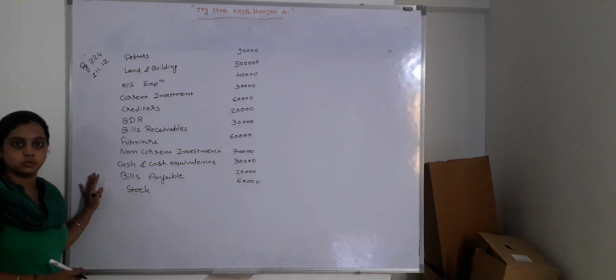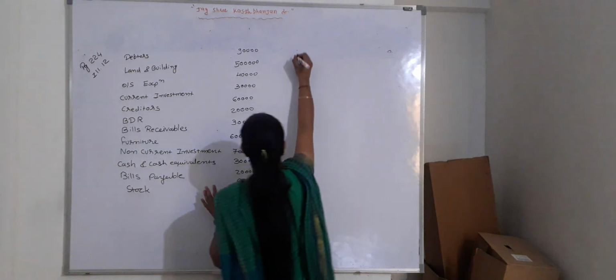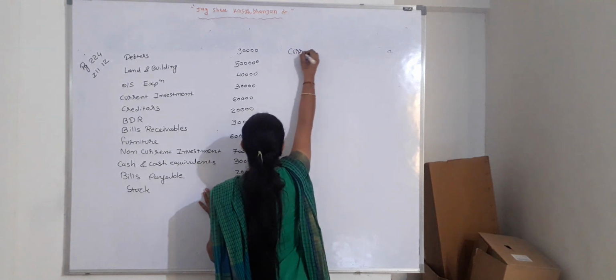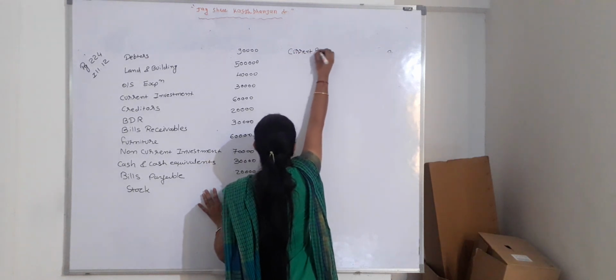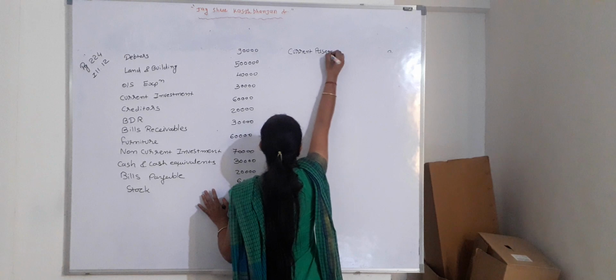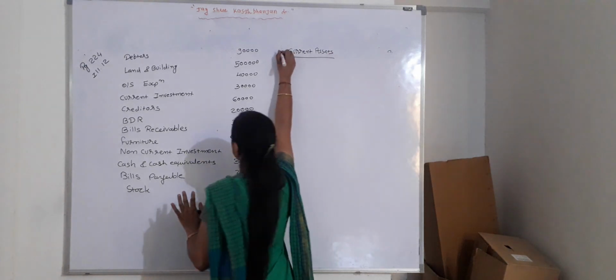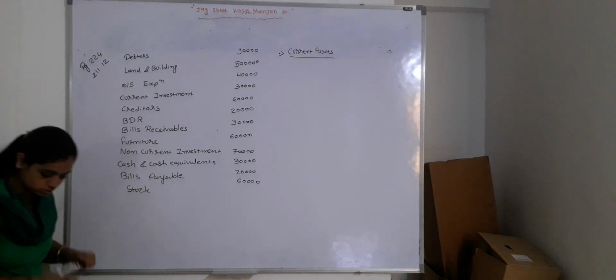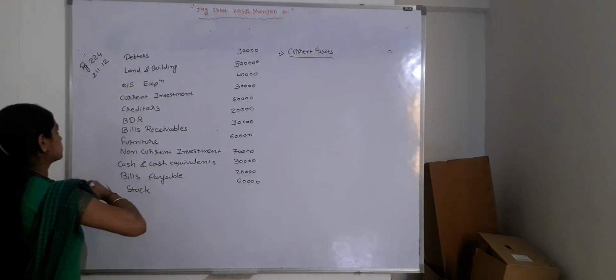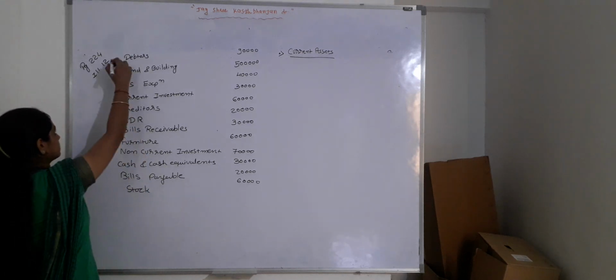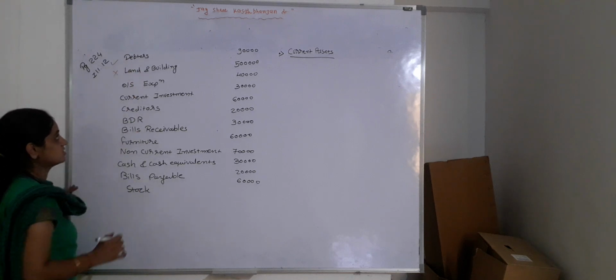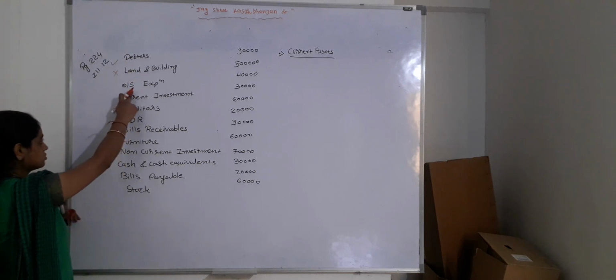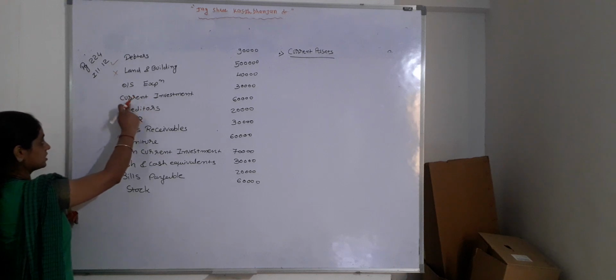Okay. So, first of all, we have to find current assets. Let's check what things are coming in current assets. Debtors? Yes, right? Then land and building? No, that is our fixed assets. Outstanding expense? No, that is our liability. Current investment?